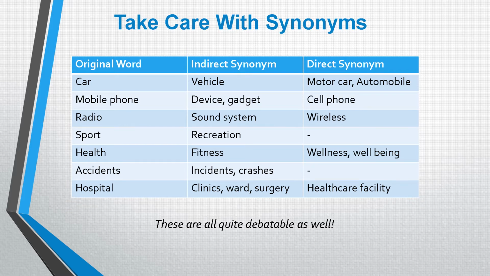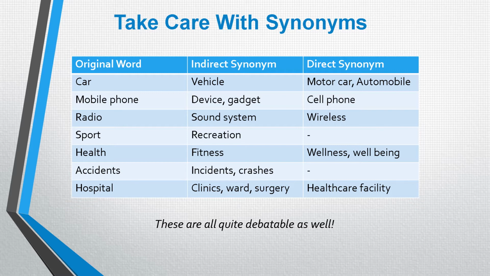If we change the word car to vehicle, it's not actually the same word, because a vehicle includes lorries, motorbikes, vans, and all other different types of motorized vehicles. So it is not a direct synonym for the word car. Motor car, however, is, and so is automobile.